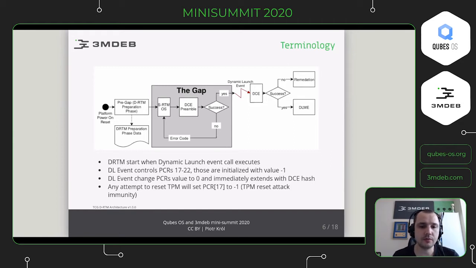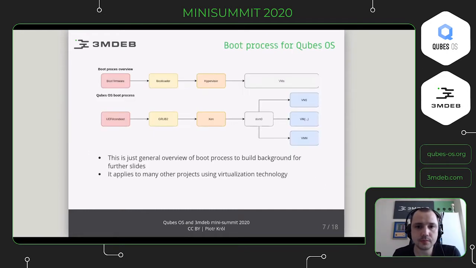And then, of course, if there is any attempt to reset the TPM, the value of the PCR will go back to -1. So we are sure that the extension we have in PCR 17 always starts with 0, and then we add the hash of the DCE. This is a whole spec, which you can read to dive deeper and understand how this really works.